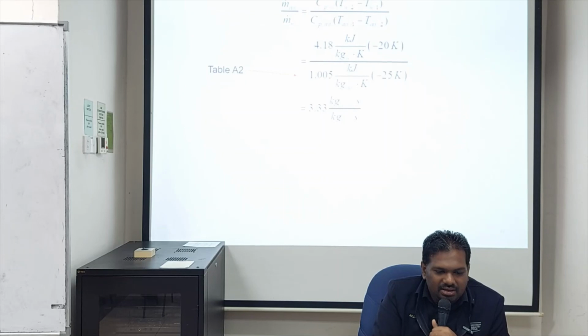Okay, CP, so table A2 and table A3. So you gunakan. Okay, so you gantikan balik. So this is the temperature drop, minus 20, and here minus 25, of the air. Okay, so you solve this, you dapat 3.33. Okay, this is the ratio.